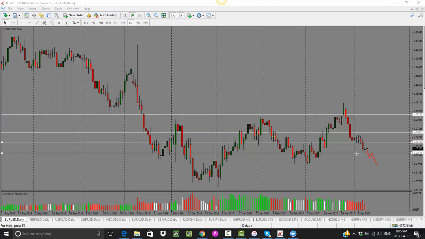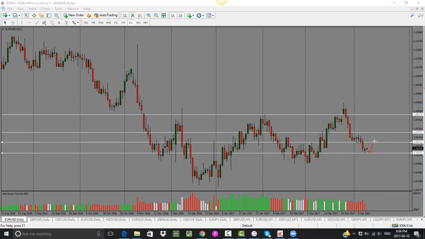So this 105.70 level here could act as a broken support and then become a resistance level. That's one scenario. The other scenario that could play out could be something like this. We get a double bottom here and price moves up to the top of the range, which would be the 106.40 level.